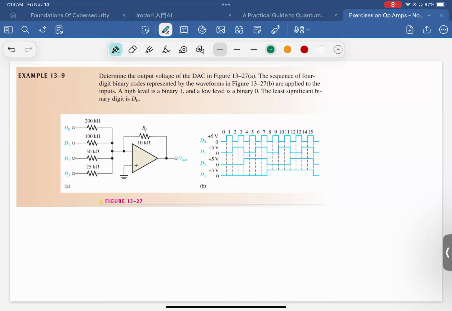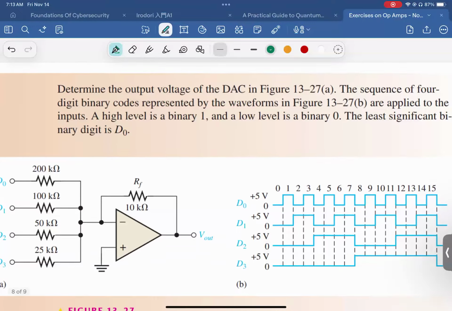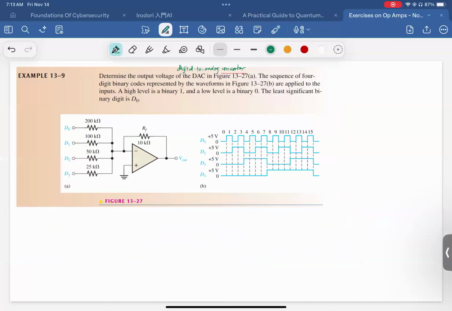This summing amplifier can actually be used as a digital to analog converter. So yan yung ibig sabihin ng DAC dito: digital to analog converter. So ano ibig sabihin ng digital to analog converter?